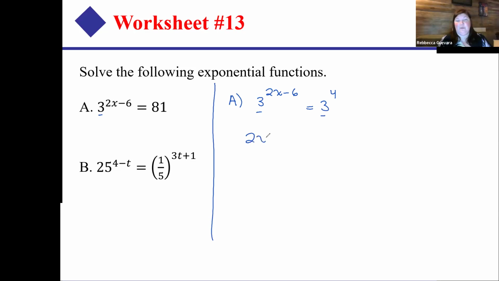That means that 2x - 6 is going to equal 4. If I add 6 to both sides, I have 2x equals 10. If I divide by 2, then we get x equals 5. And you can just double check here. If we had 2 times 5, 10 minus 6, we'd have 4, 3 to the 4th. That is the correct answer.